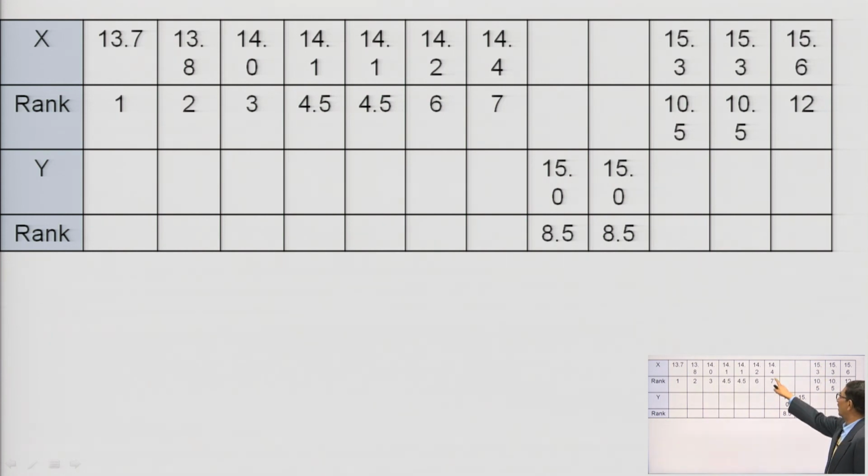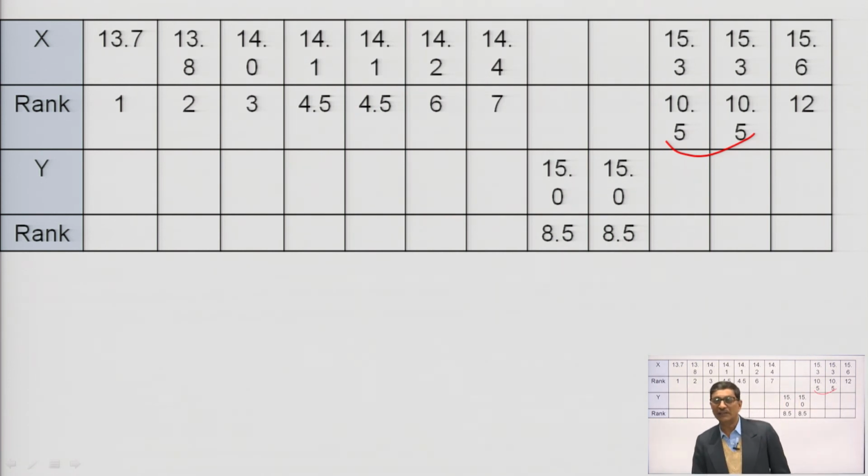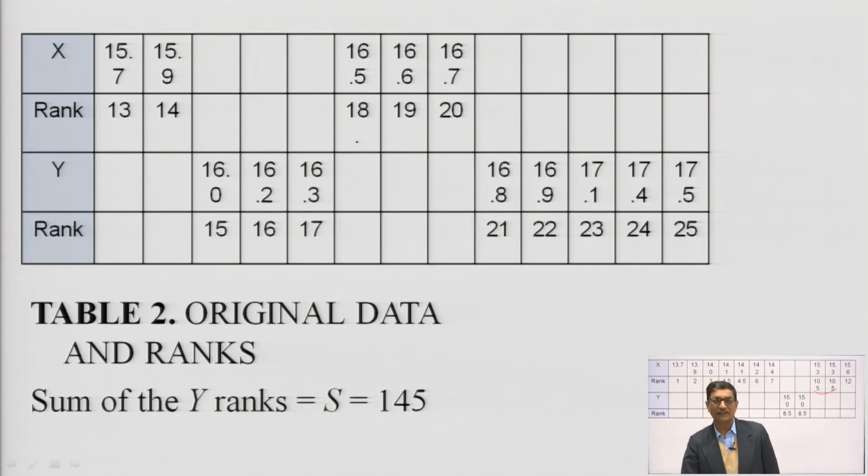We assign 7, then 8 and 9 for these, and here the ranks are tied, so we find the average. For the two values of 15.3 we assign ranks 11 and 12, and find the tied rank for 15.6 as well. We continuously assign the ranks this way.